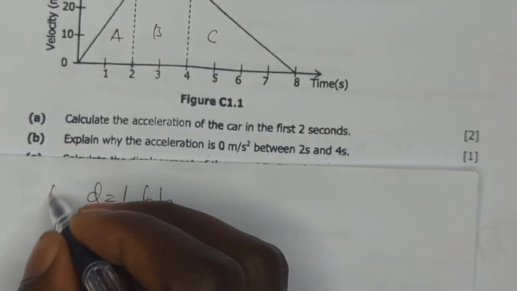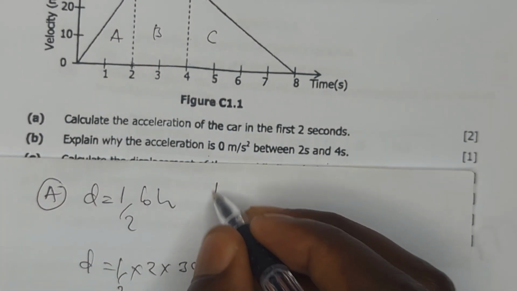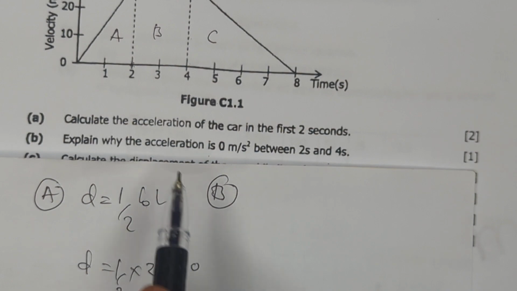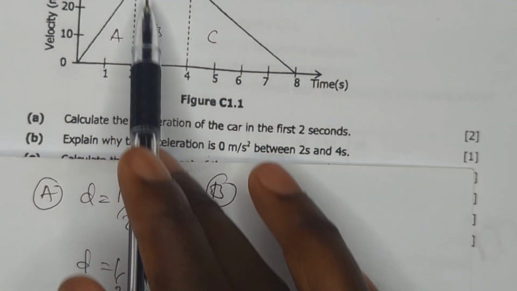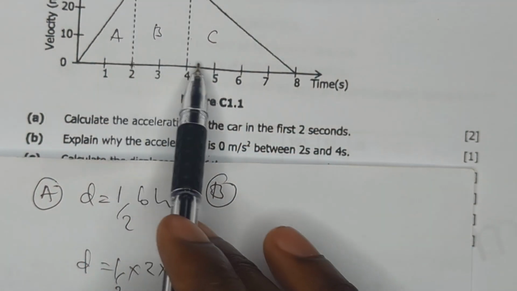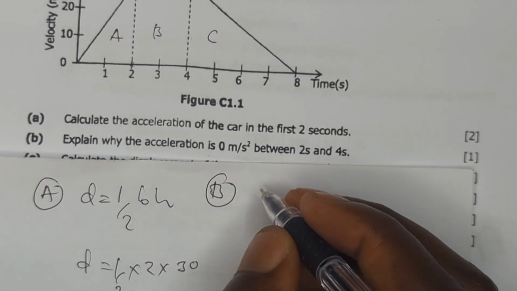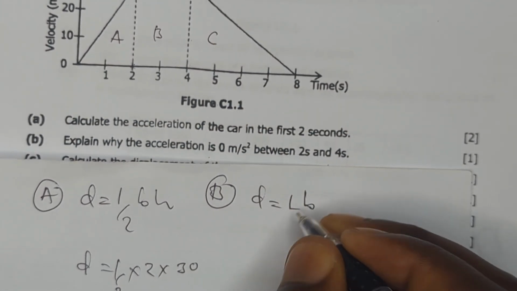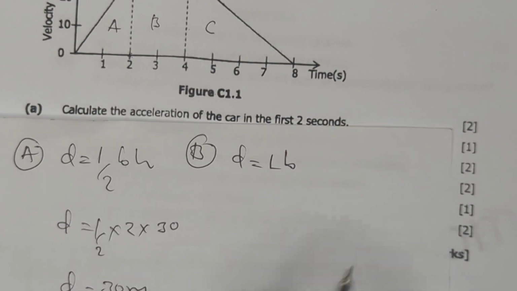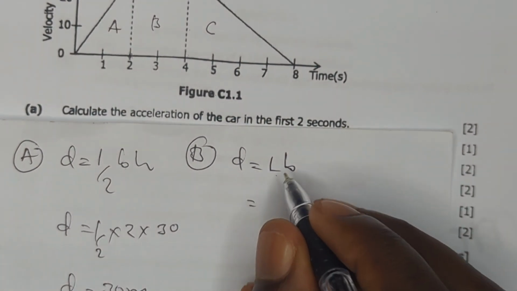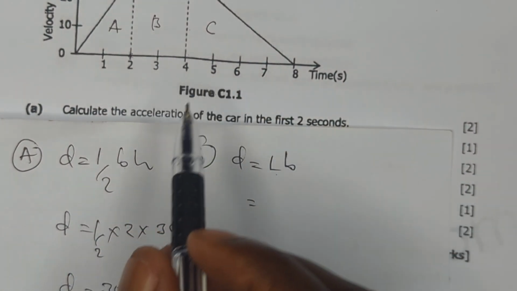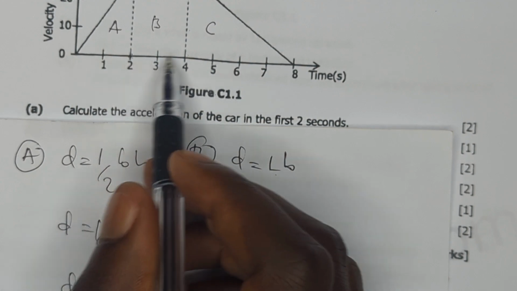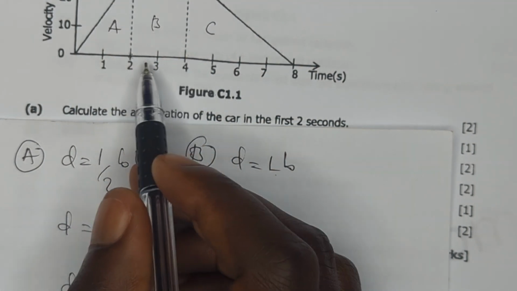So this is part A, now part B. For part B, this shape here is a rectangle. So the distance is equal to LB when calculating the distance on a rectangle. L represents the length from this point to that point, which is the difference.